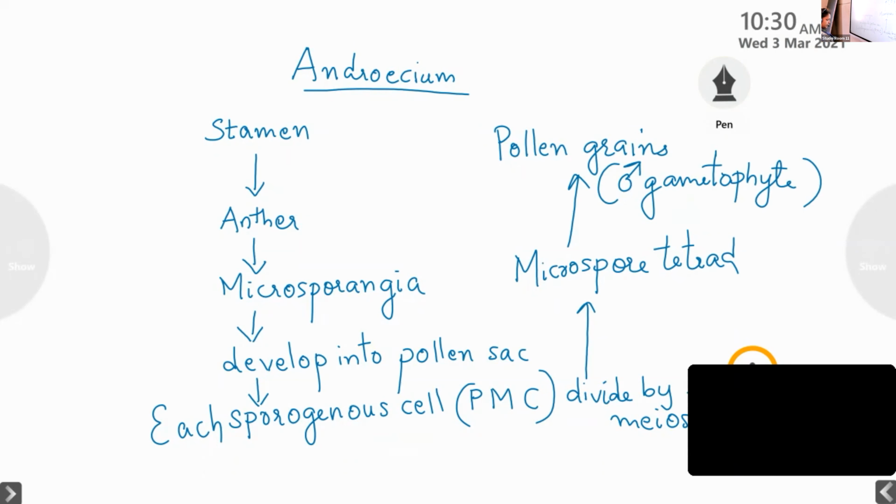Each cell in the sporogenous tissue is a potential pollen mother cell. They carry out meiotic division and form a microspore tetrad, a cluster of four microspores, which gradually develop into pollen grains, and these pollen grains you can call the male gametophyte. Okay? Is it clear, children? Now we'll proceed with gynoecium.